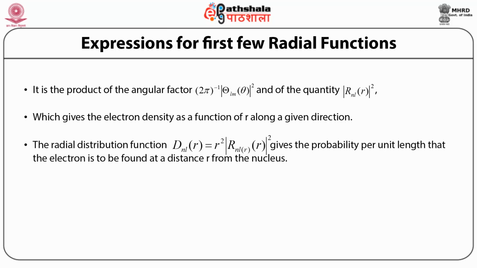So the radial distribution function, that is D_nl(r) equal to r square multiplied by modulus of R_nl(r) the whole square, gives the probability per unit length that the electron is found to be at a distance r from the nucleus.